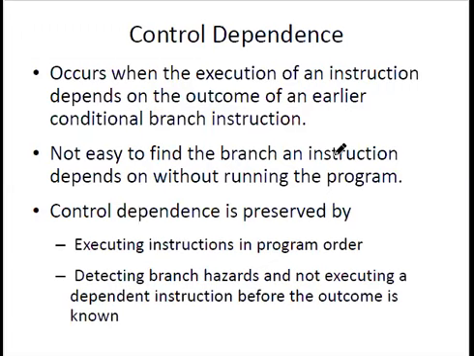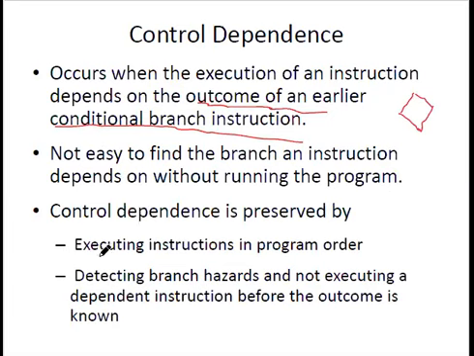Control dependence occurs when the execution of an instruction depends on the outcome of an earlier conditional branch instruction. So a decision has to be made about the control, which instruction has to be carried out. It is not easy to find what the branch depends on without running the program.